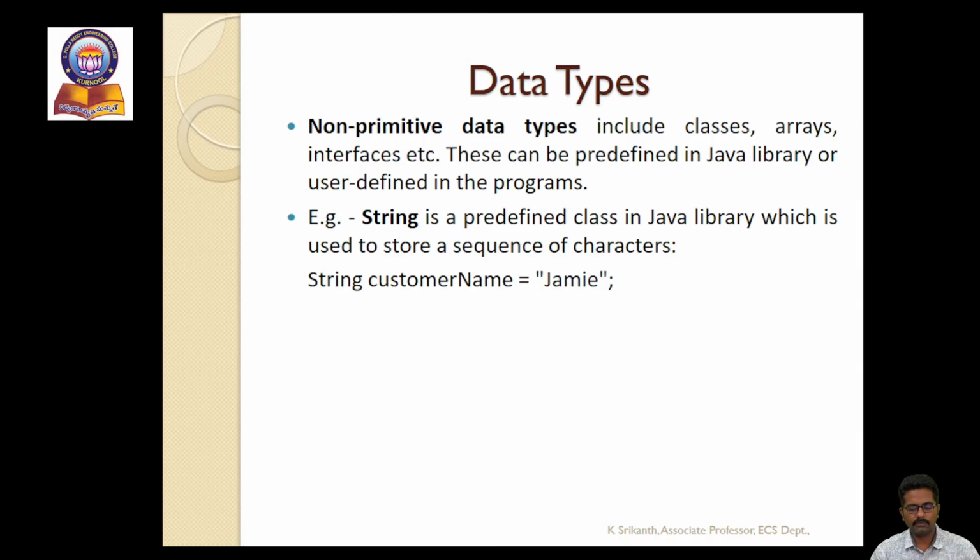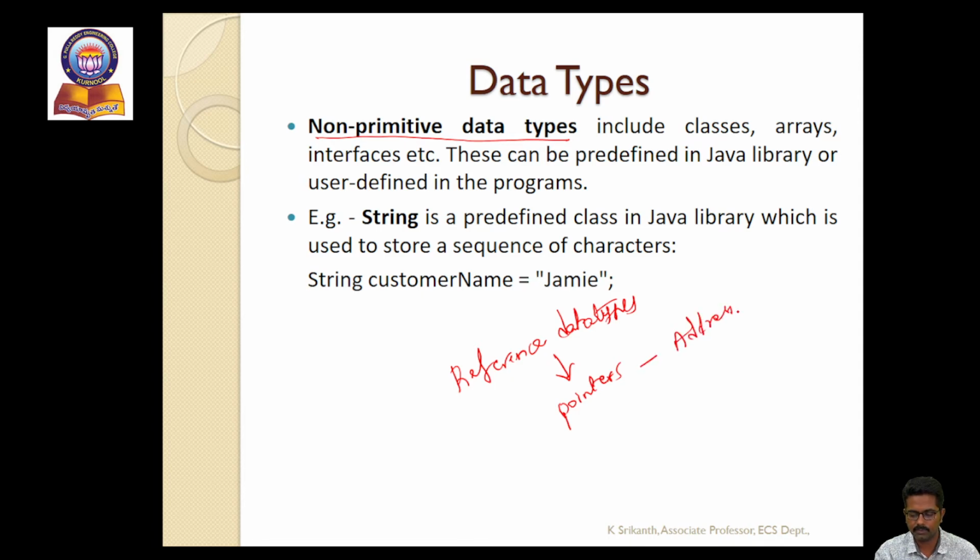Now we divert our focus to non-primitive data types, which are also known as reference data types. Generally, the word reference is related to pointers, and we all know what a pointer can store, that is the address.